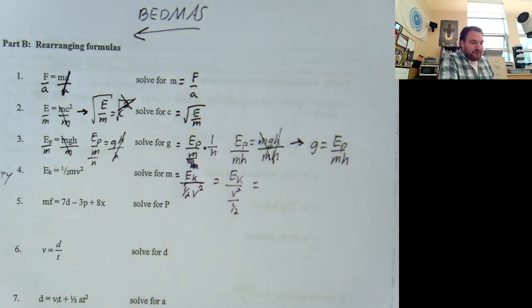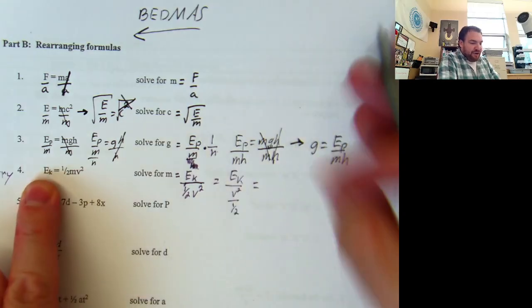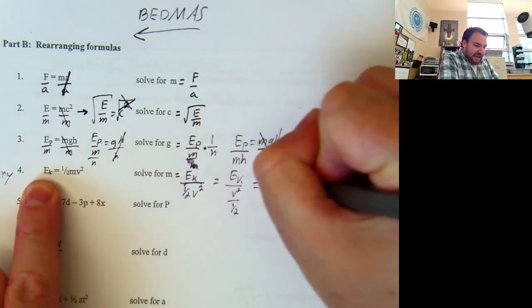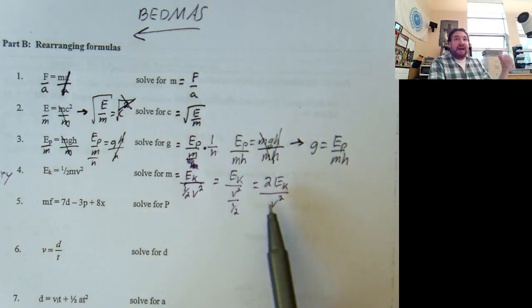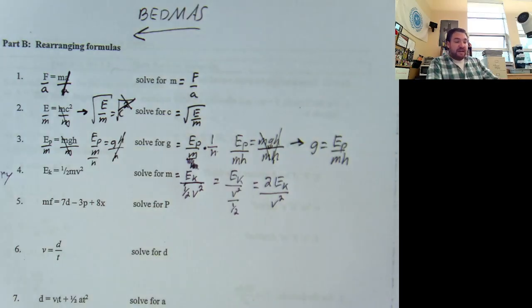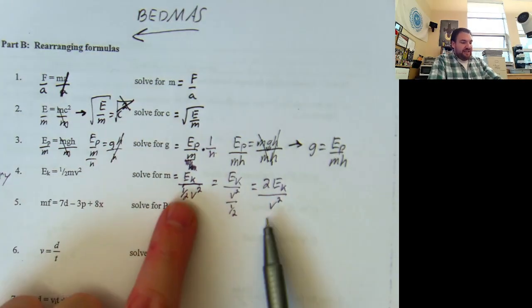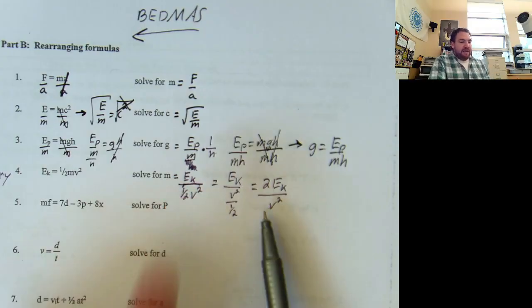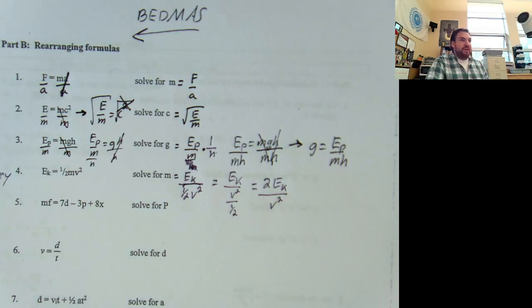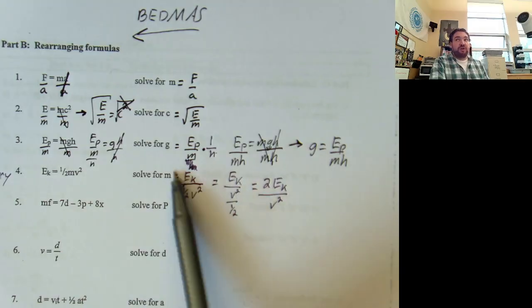If I multiply both sides by 2, you're going to get 2 times EK, and then you're going to divide down the v squared. All 3 of these are mathematically equivalent. None of them are better than the others. These 2 are more elegant, but at the end of the day, they will all do the job. If you didn't get one of these 3, let me know, or let Ms. Crousson know, and we can come help you with that. But one of these 3 expressions is what you're looking for.